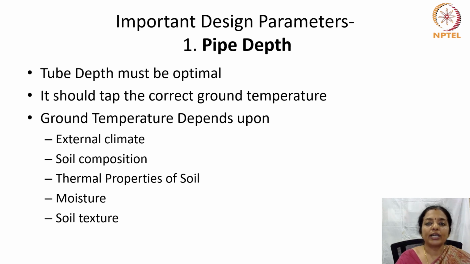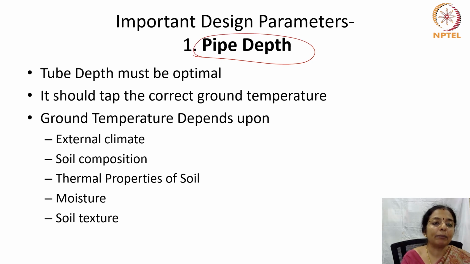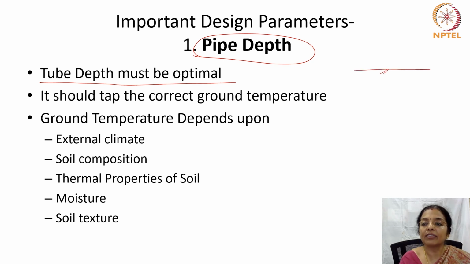Next important design parameter is the pipe depth. So tube depth must be optimal. What do you mean by optimal? If this is the soil, the tube depth should not be too shallow, and it should not be too deep either.